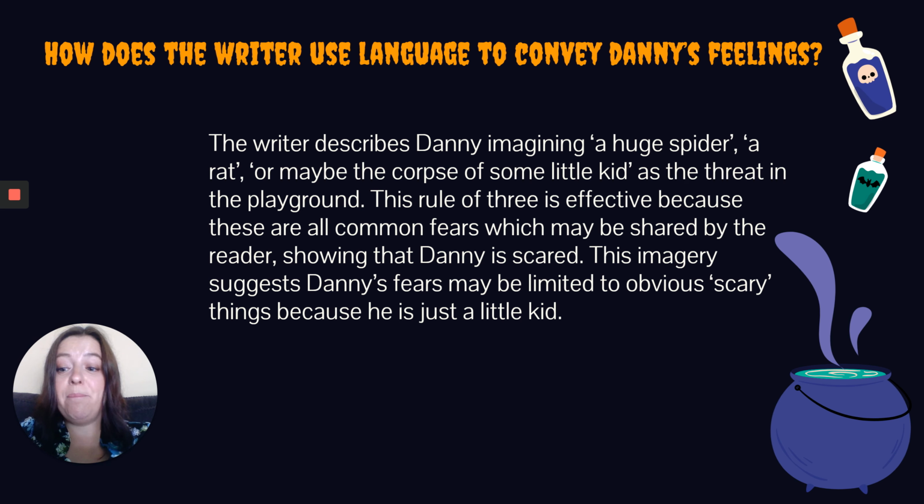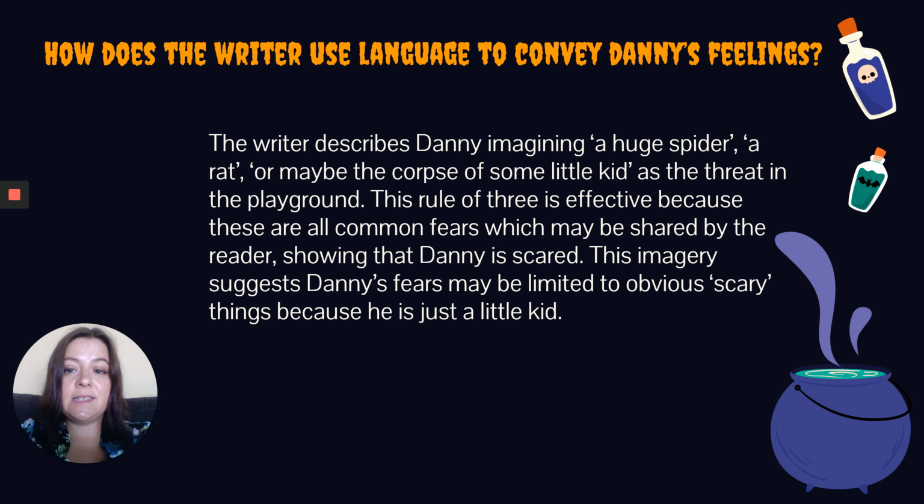They've embedded their quote, and that's something that is really worth practicing. This idea that you put your quote into your sentence, into your analysis. So we've got Danny imagining a huge spider. They've also truncated their quote. Truncated just means shortened.